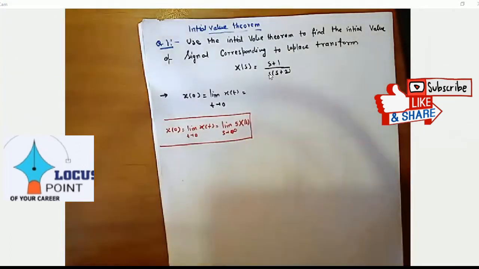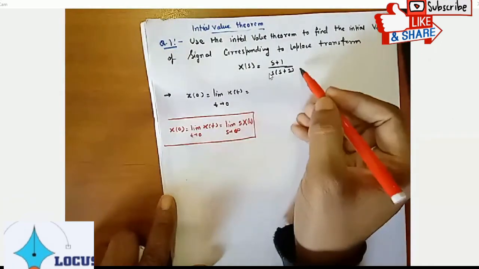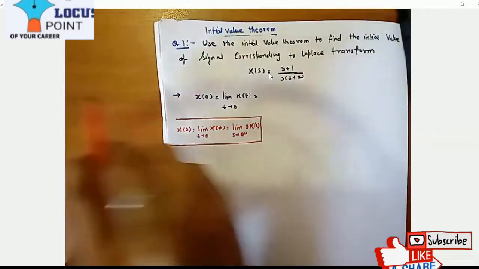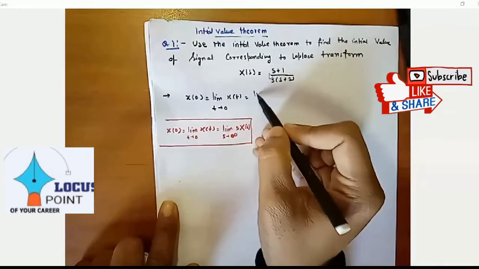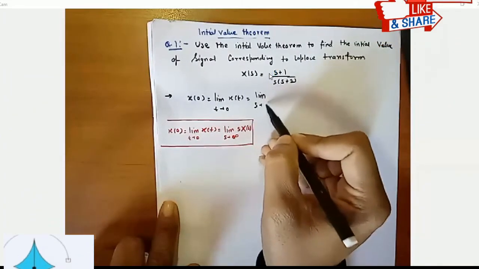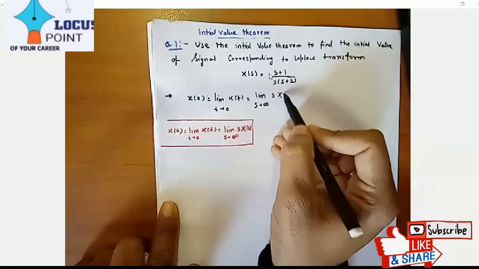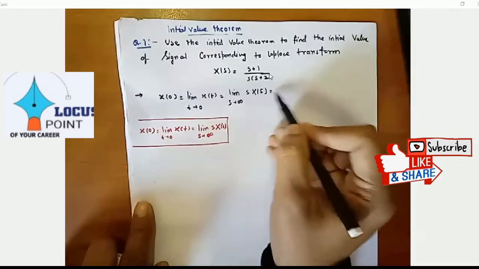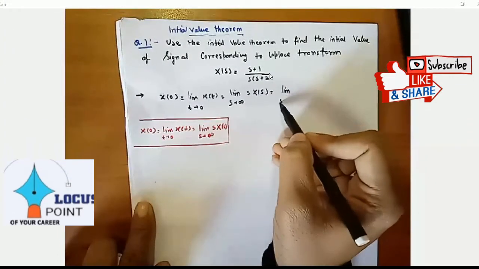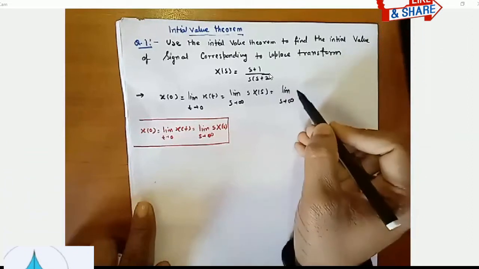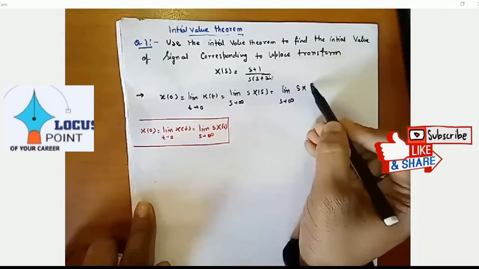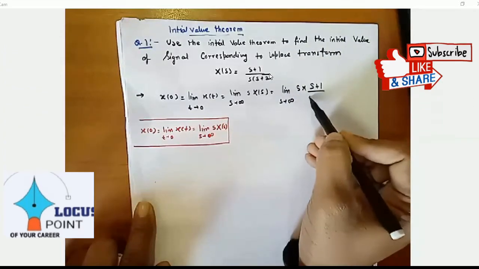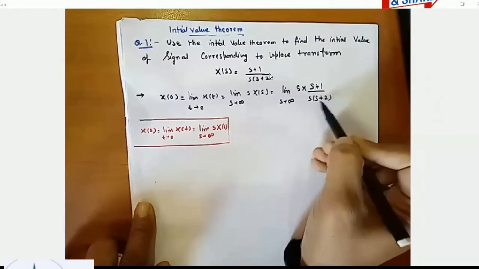Okay, so now, if this is given, then from the initial value theorem, look here, you can write limit s tends to infinite of s x of s. Now limit s tends to infinite of s into, put this x of s, that is (s plus 1) divided by s into (s plus 2).